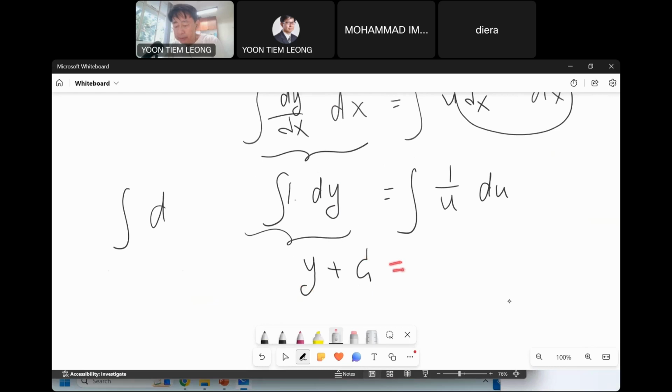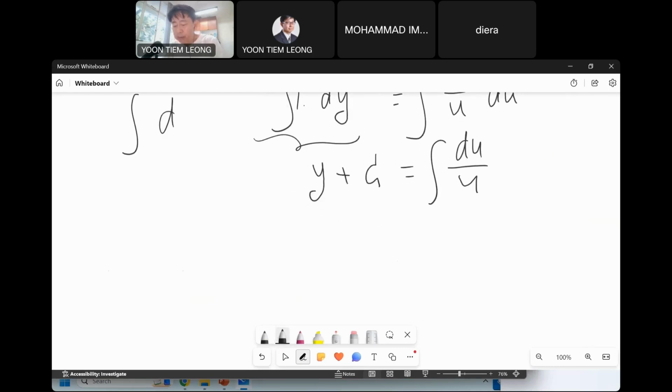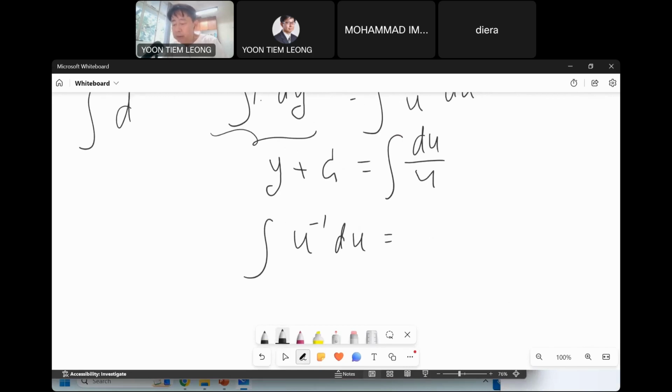So y plus c is then equal to the integral of 1 over u. Here, I rewrite this as saying that if I have u raised to the power of minus 1 and integrate it with respect to u, then I'll obtain y plus c, where y is the log of u, plus c.